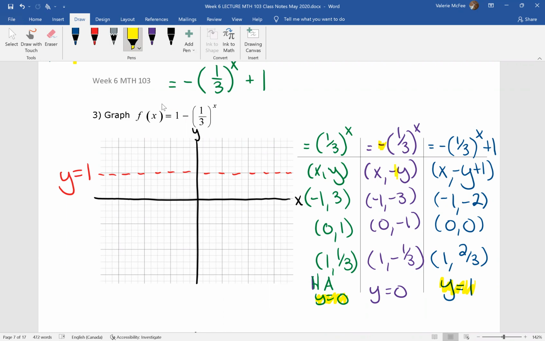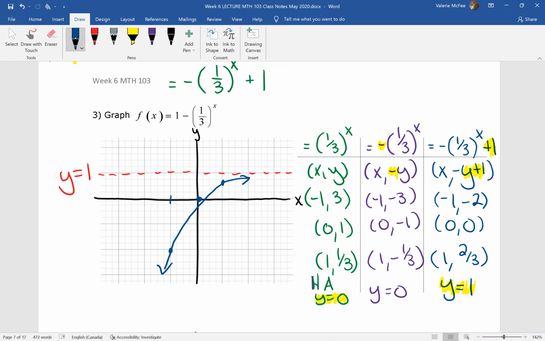That was a negative on y because the negative sign is outside of the function. And then we had a plus 1, which also changed y because it was outside of the function. We had a reflection across the x-axis, and then we shifted this vertically up 1 unit.